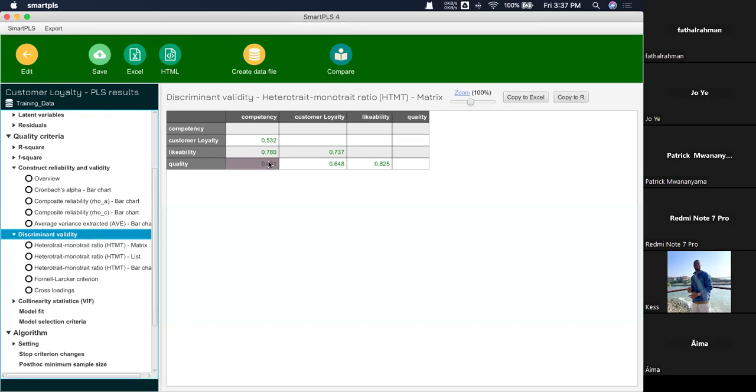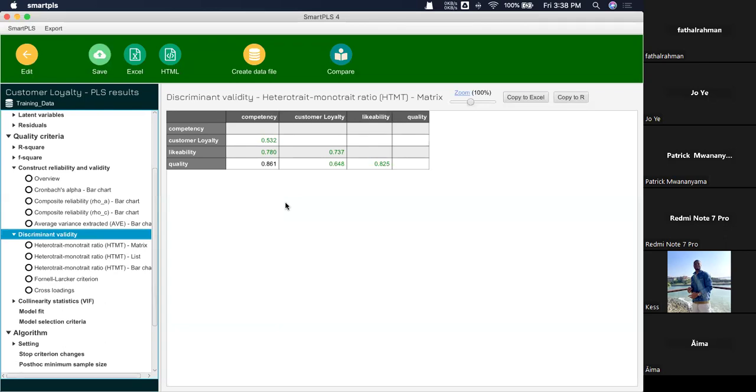You can see that all the values here are less than 0.90. So this data satisfies the condition for discriminant validity, because even if we restrict the condition to 0.85, the majority of the values are less than 0.85, while this one is less than 0.90.